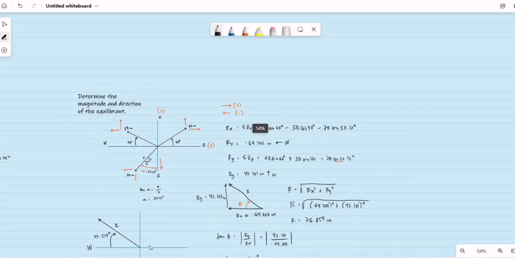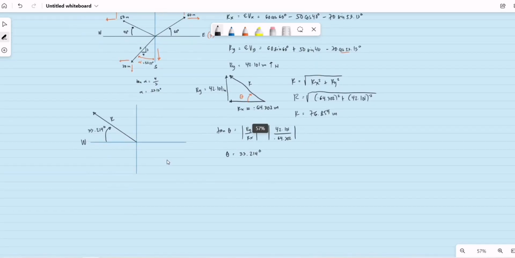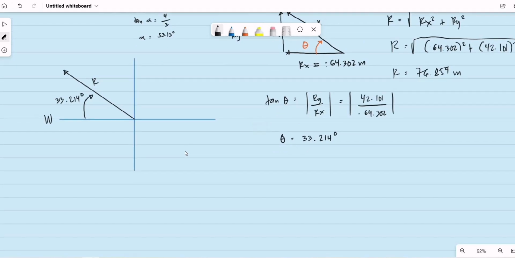But if we are to go back to our problem, determine the magnitude and the direction of the equilibrant. The equilibrant is acting directly opposite of the resultant. So this will be the direction of the resultant, and it is numerically equal to our resultant. So the value of the equilibrant is also equal to 76.859 meters.